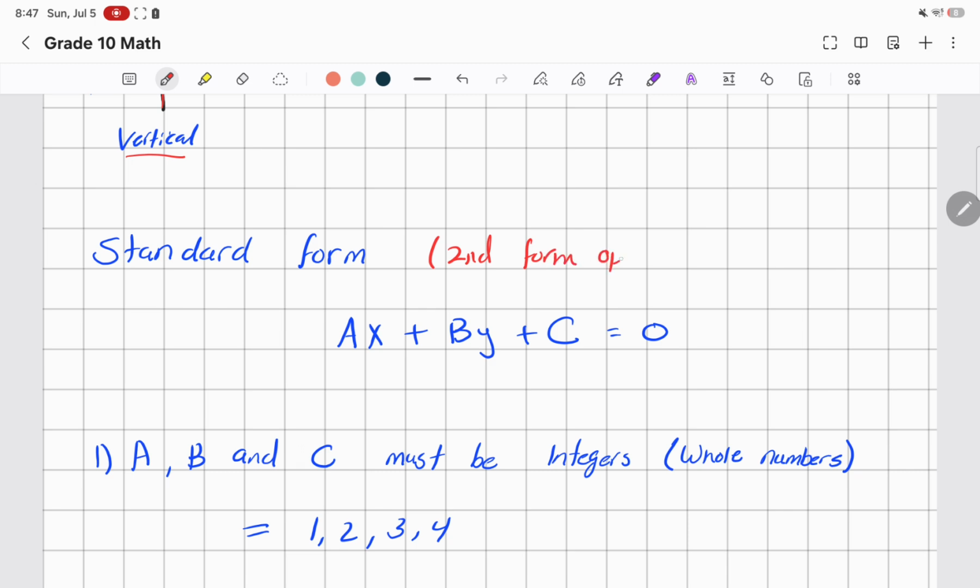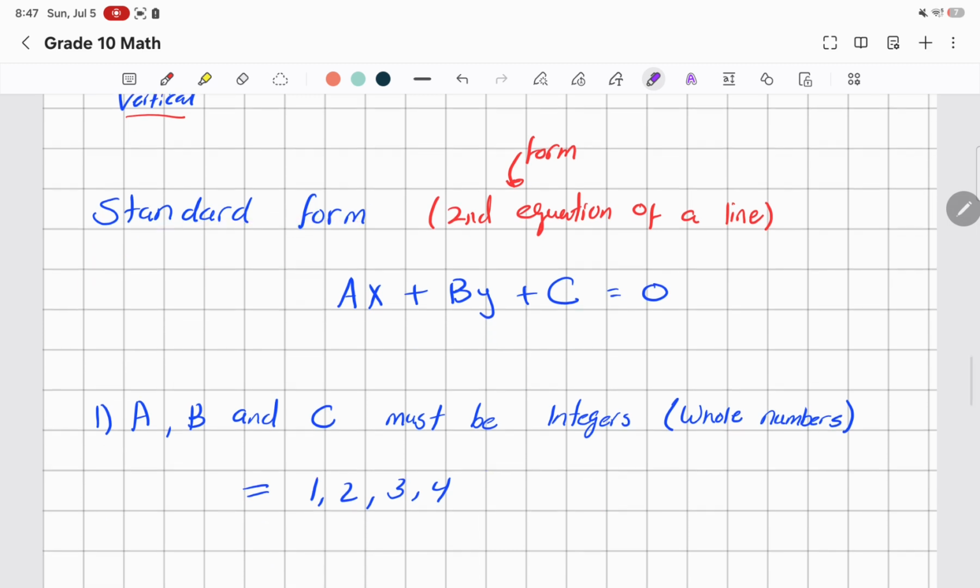Now the second form of an equation of a line is standard form. And standard form is given as ax plus by plus c equals 0.